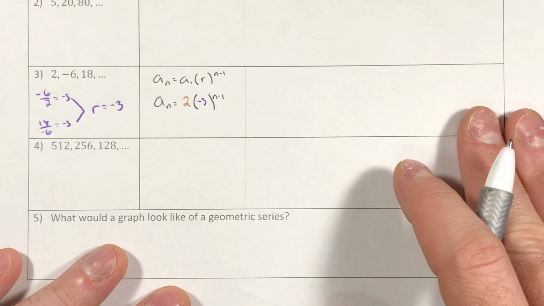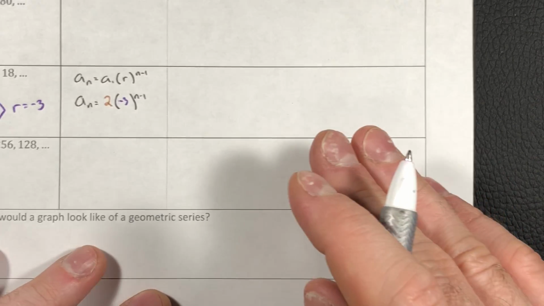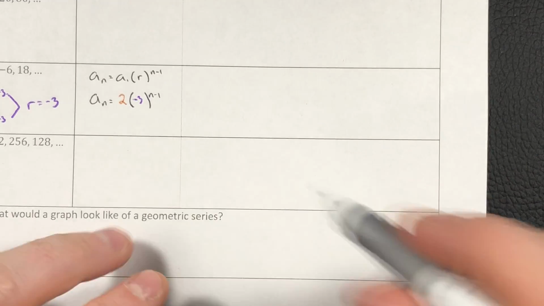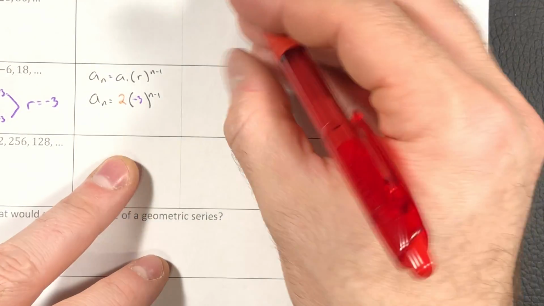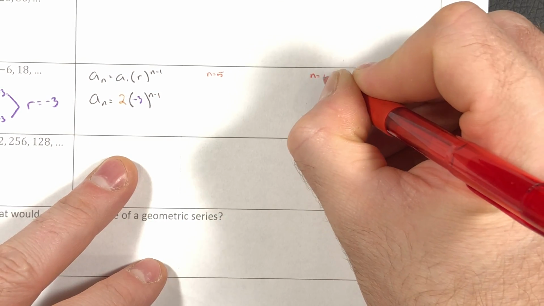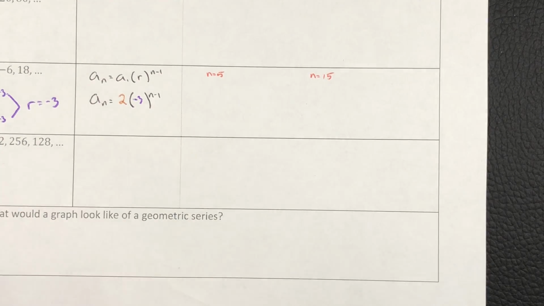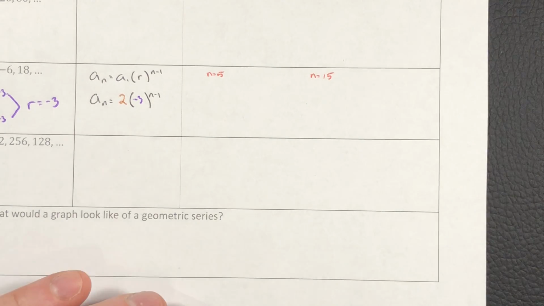Perfect. And as we slide to the side, let's give some room for the calculator eventually. I want to figure out the 5th term and the 15th. So if you struggle to get through this piece, go ahead and try it out now. If not, we're going to jump into this.